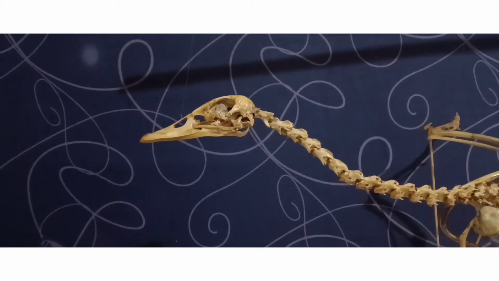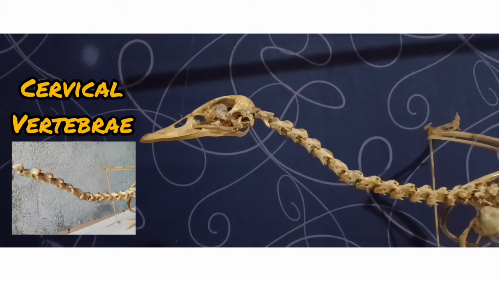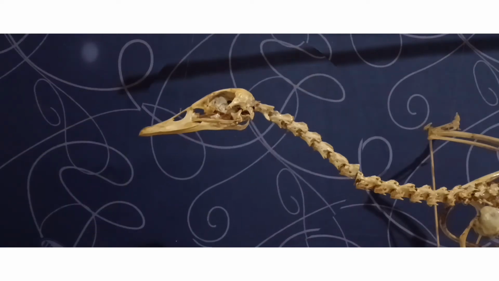Next to the atlas, we have the neck or cervical vertebrae. Cervical vertebrae are quite long in most poultry species to enable protection for delicate tissues of the brain from too much jarring when landing. The flexibility of the neck acts as a shock absorber.